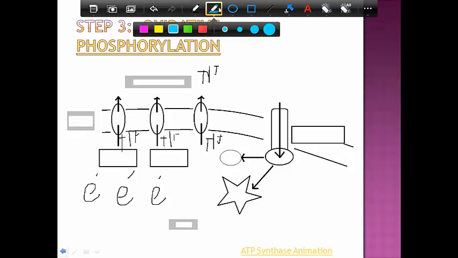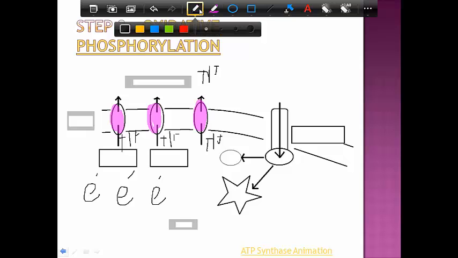These ovals here that I'm highlighting in pink represent what we call electron carriers. They're special molecules embedded in the membrane that are good at transferring electrons.